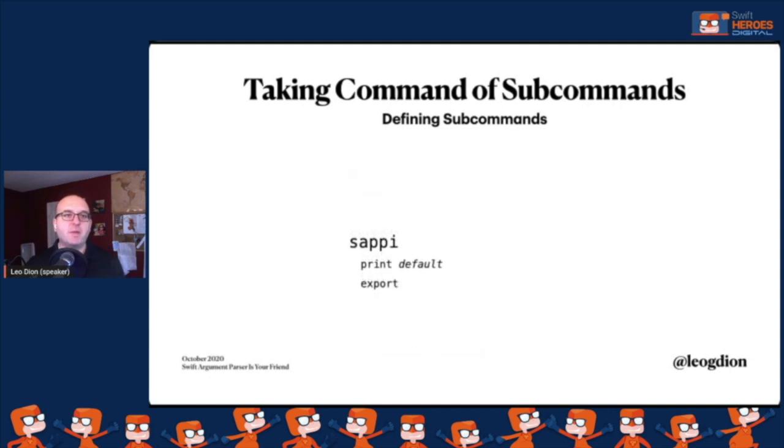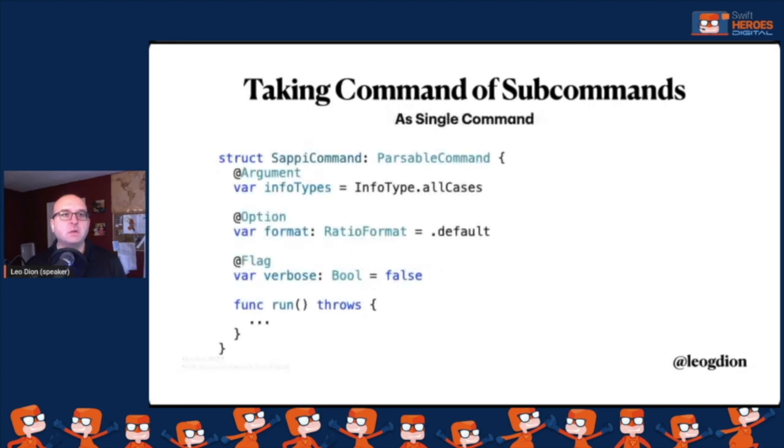So we're going to create a couple of subcommands under Sappi. We're going to create one for print, and we're going to create one for export. Print is essentially going to do what it already does, but export is going to offer an export format. So you can export it as a JSON file or as a CSV, whatever you want to export that system information. So here's our Sappi command.